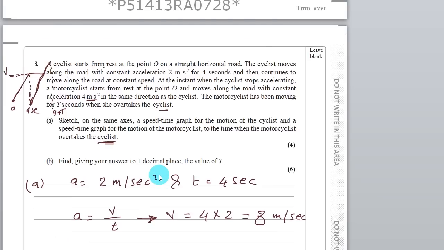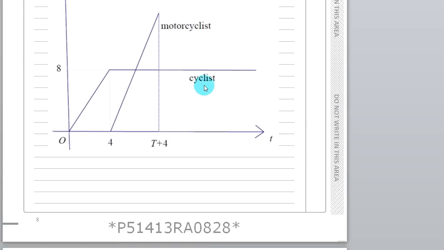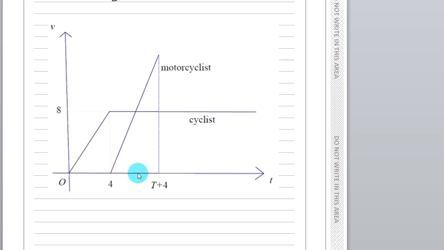Okay, let us find the second part of the question. Find, giving the answer to one decimal place, the value of t. To find t, we can make the distances equivalent. Here at t plus 4, both the cyclist and the motorcyclist have moved the same distance.